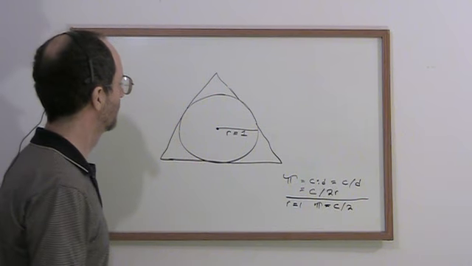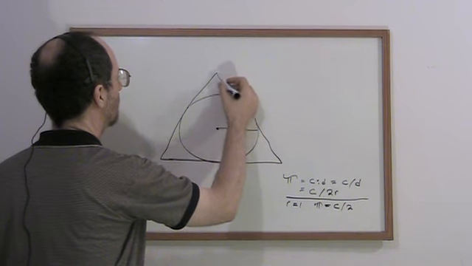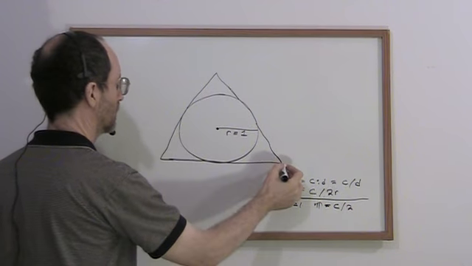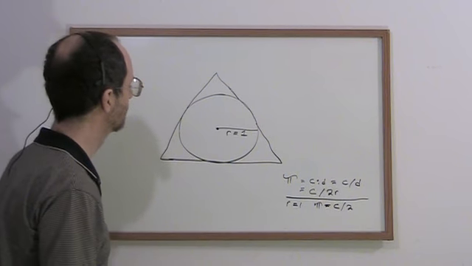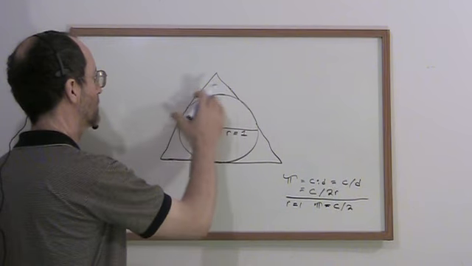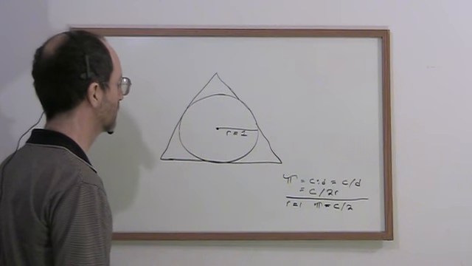And the simplest polygon is a triangle. If we can determine the length of the perimeter of the polygon, we can get an estimation for the length of the circumference of the circle.